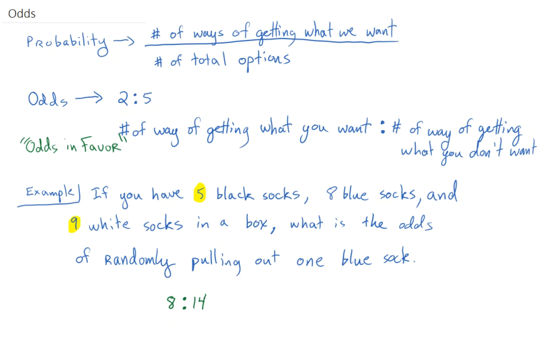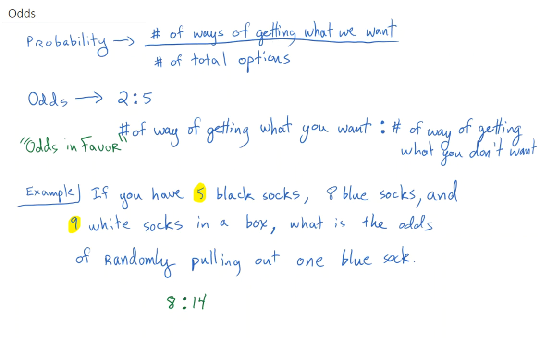So different than probability, the second number isn't all the options, it's the options of getting what you don't want. One of the connections to probability is if we take these two numbers and add them together, we should get the total number of possibilities, or what would be the denominator if we were talking about probability.